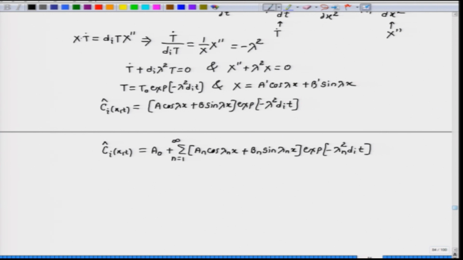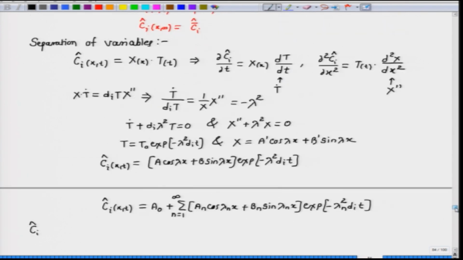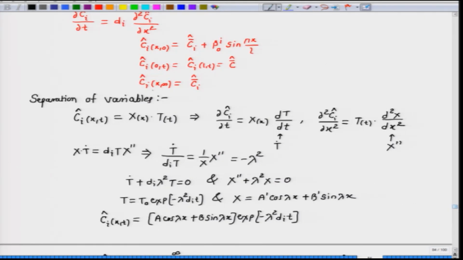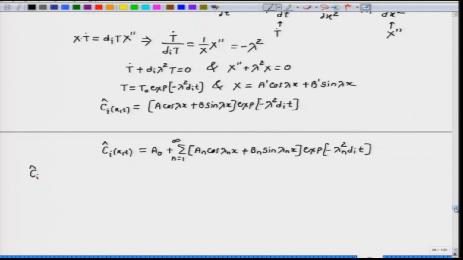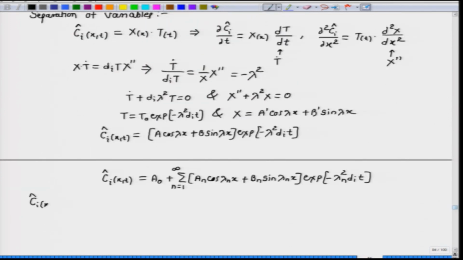Now, this is the general solution that we have obtained for ψ̂. Now, we need to find these constants. If we use this condition, ψ̂ at t equal to infinity should be equal to ψ̄̂.